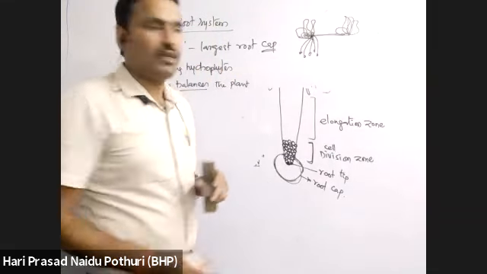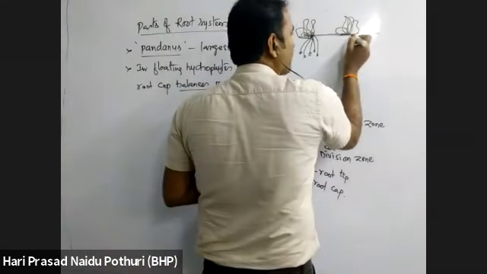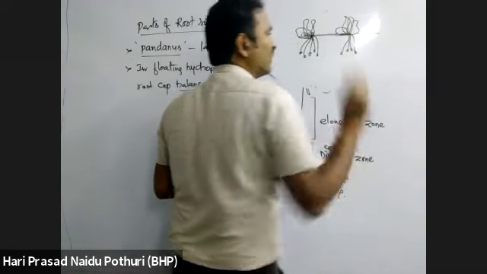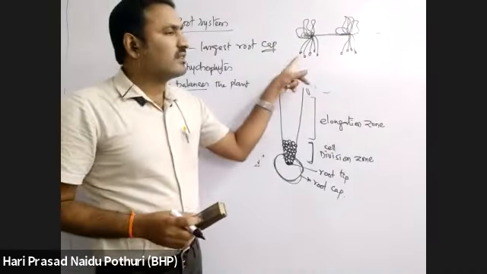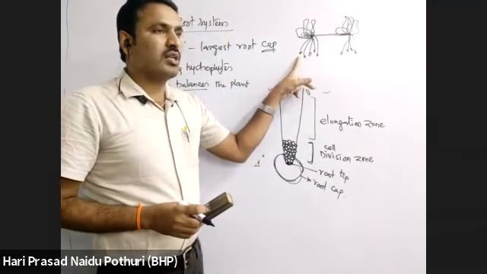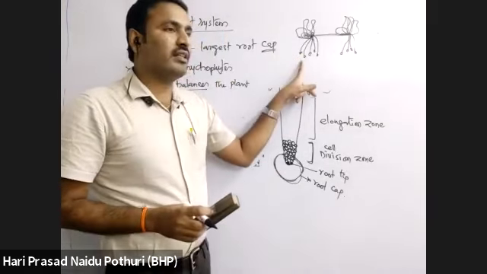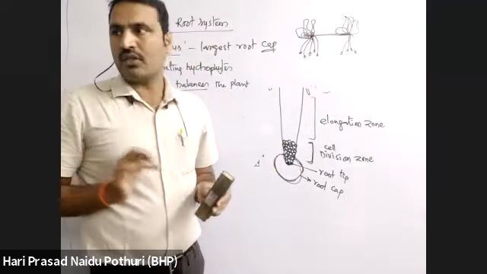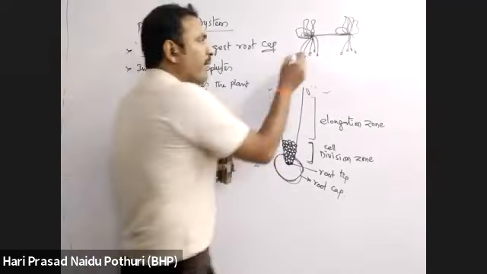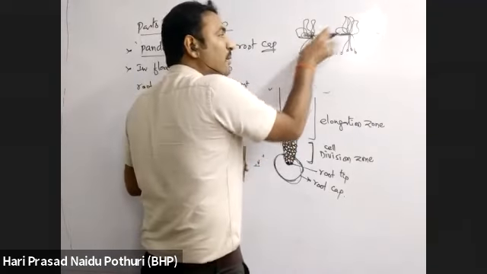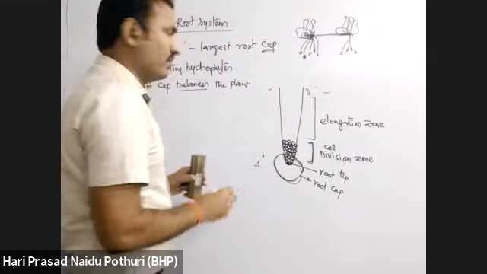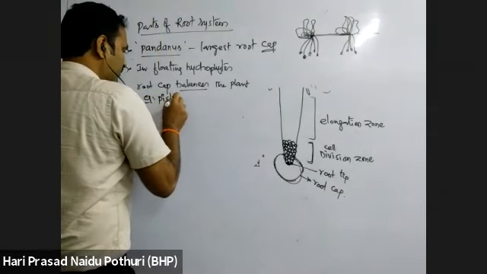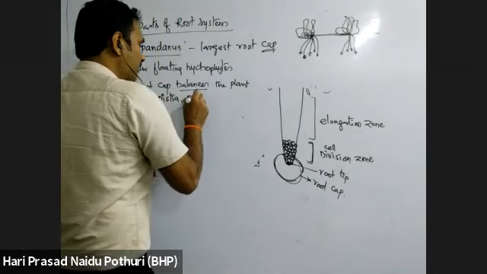The node of the stem is there, and from that roots develop like this. The root cap present here becomes a pocket-like structure that is responsible for balancing. Example, Pistia, Eichhornia.